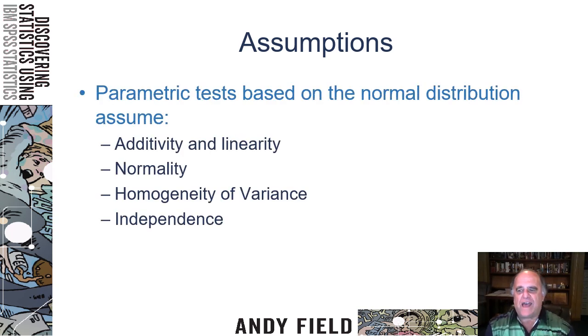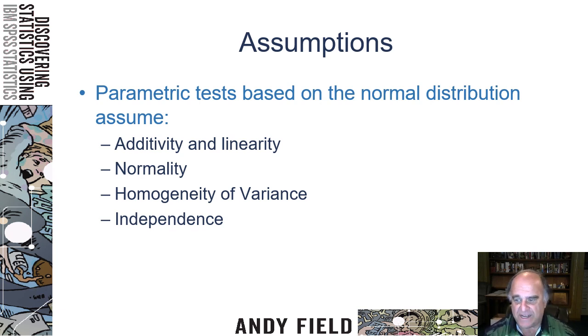Okay, so moving on. Linear regression makes a number of assumptions. Most parametric tests do. Most parametric tests are based on a normal distribution, and they assume additivity and linearity, normality, homogeneity of variance, and independence.